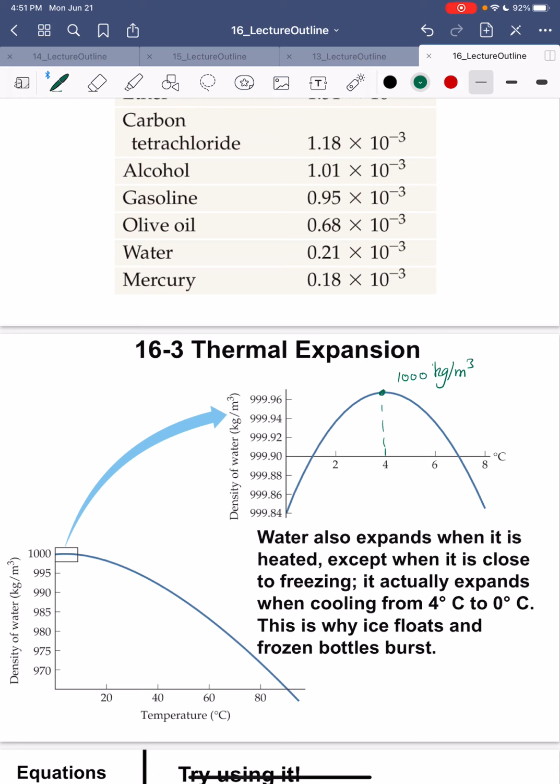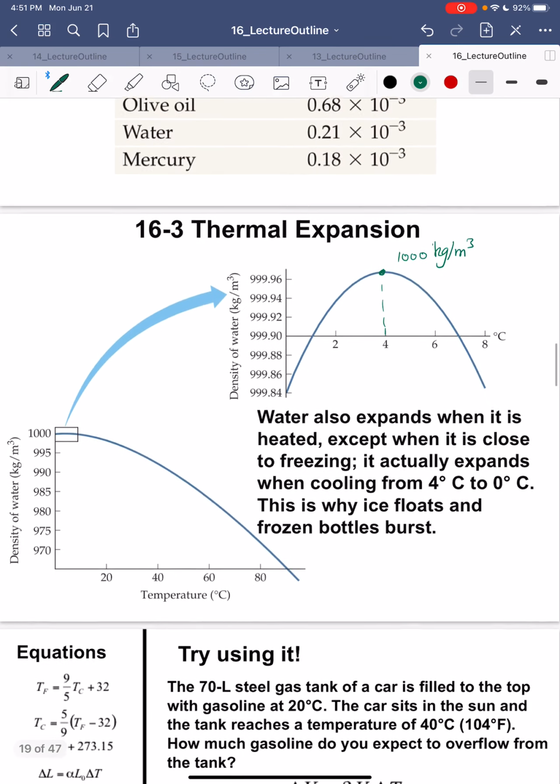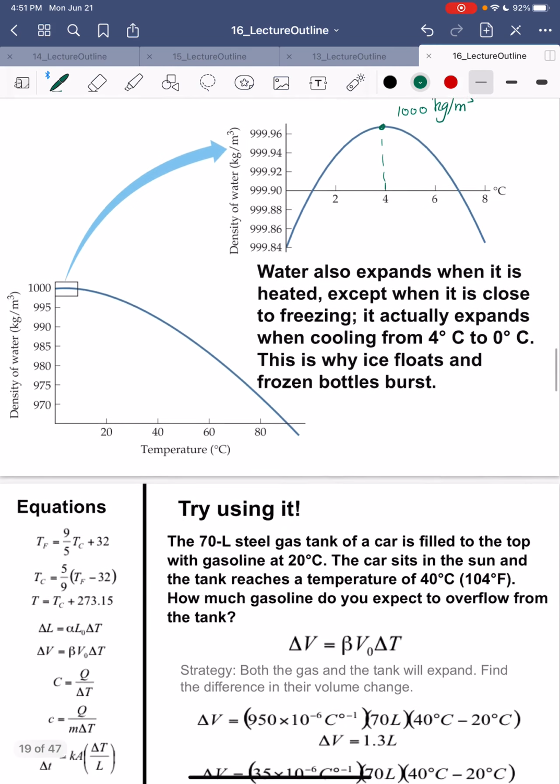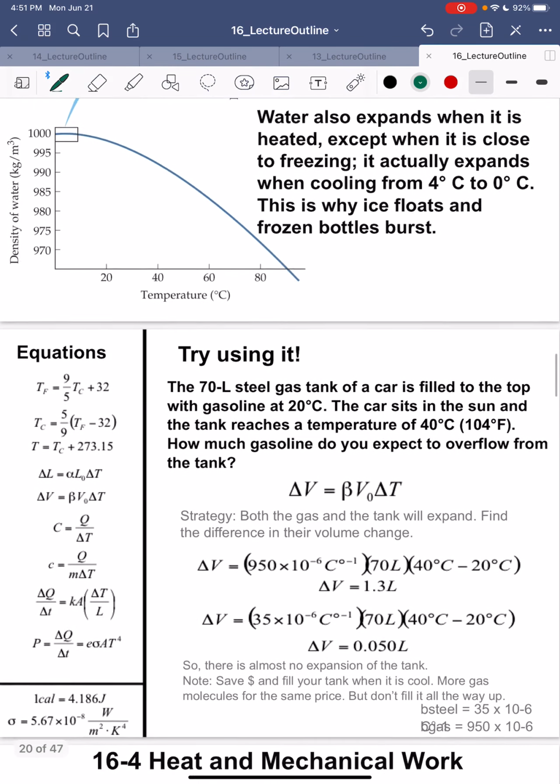It will expand when it is heated, but when it is close to freezing, it is also expanding. We have many things in life like this: you can have your soda in a bottle inside the freezer, and you will see it expand. Sometimes it will push the cap, and then it will create a mess.